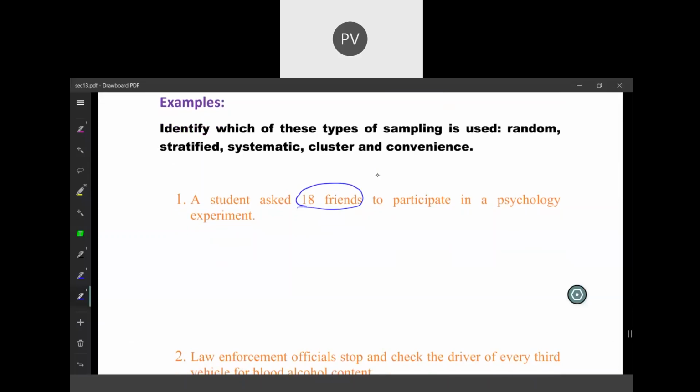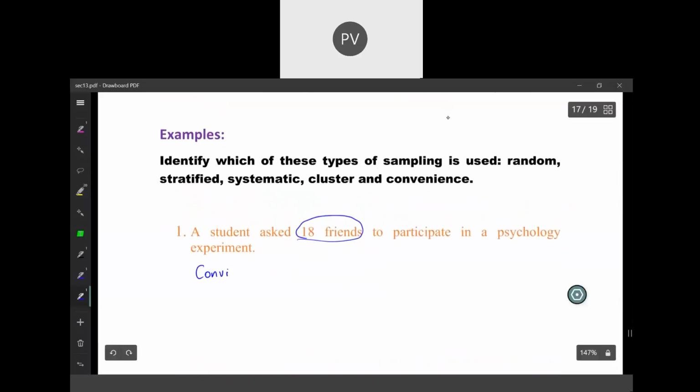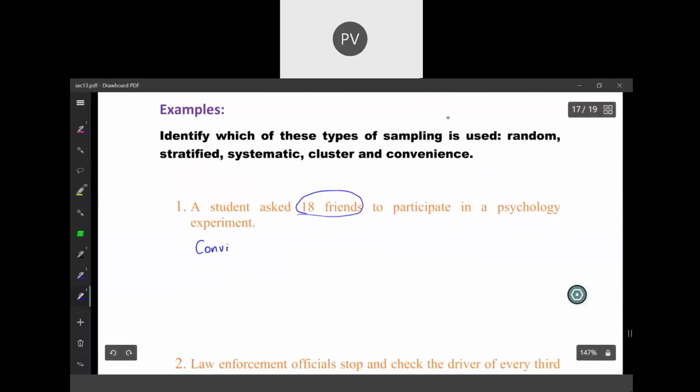If you are getting the data easily, it is called convenience sampling, because the data is very easy to get.